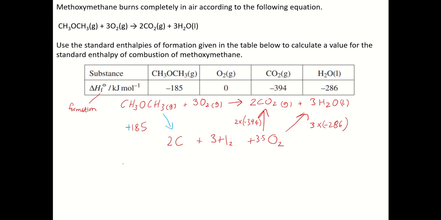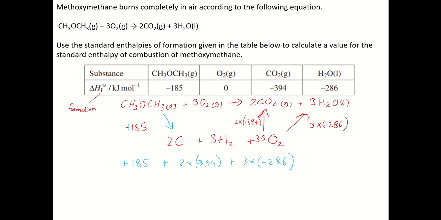Now if we do the maths, positive 185 plus we have 2 multiplied by minus 394 plus 3 multiplied by minus 286.